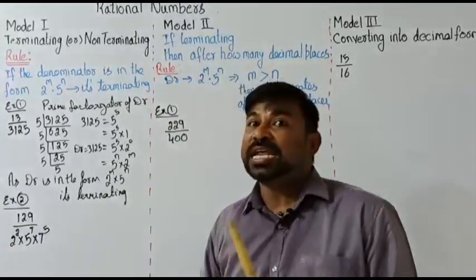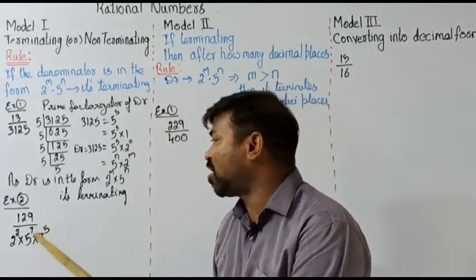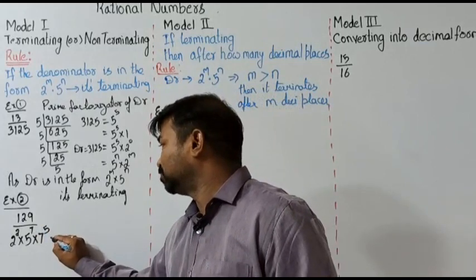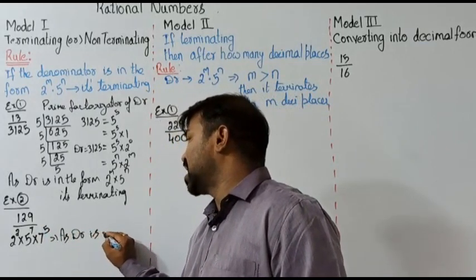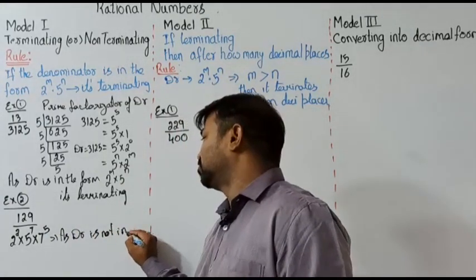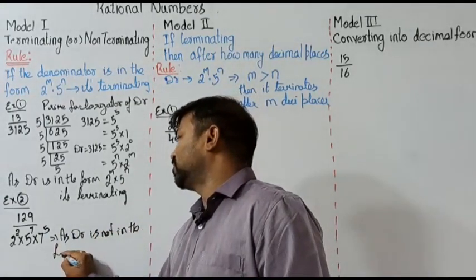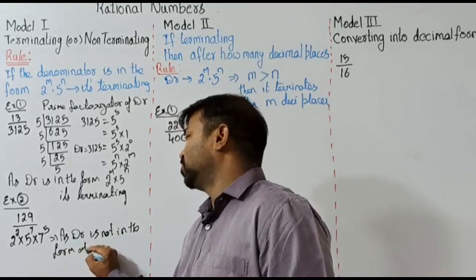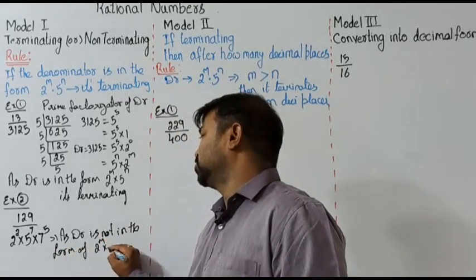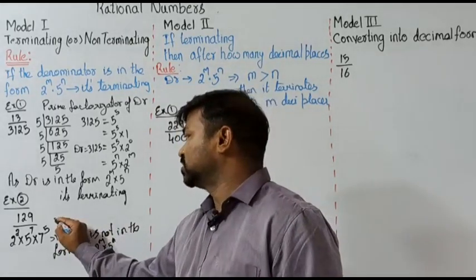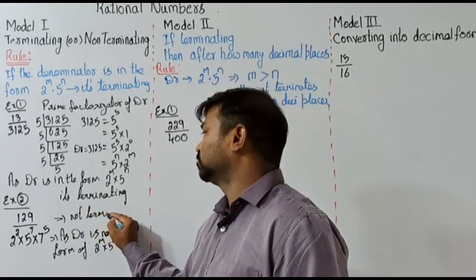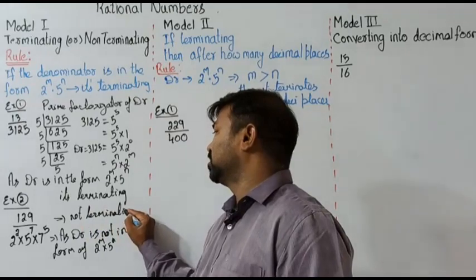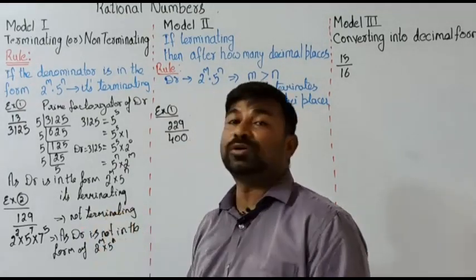So as the denominator is not in the form of 2 to the power m into 5 to the power n, this one we can say is non-terminating. You have to remember this one.